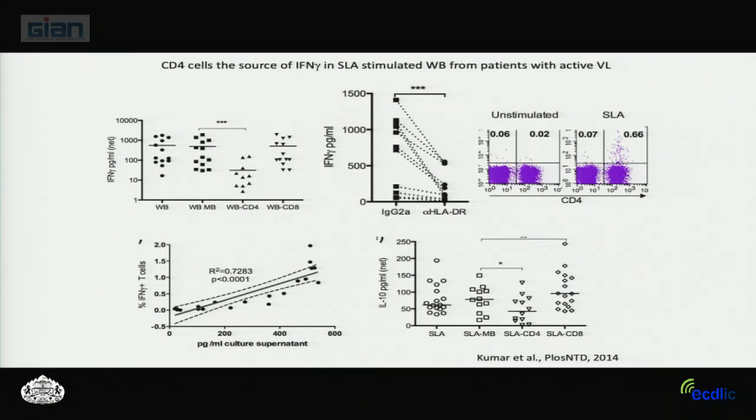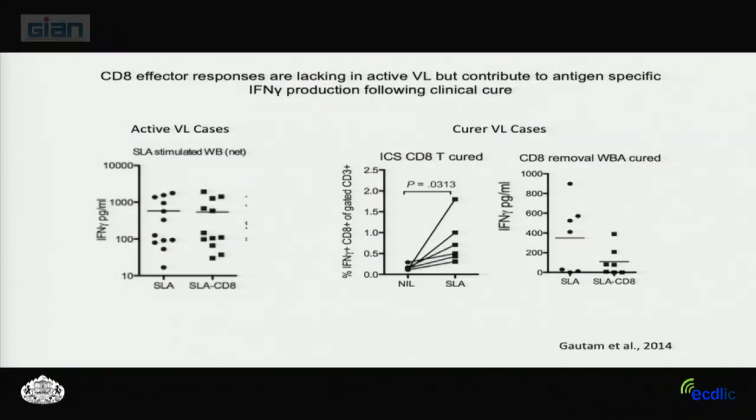So even people with active progressive Kala-Azar actually have a residual Th1 response. I know there was some interest in CD8 cells in Leishmania infections. As I already showed, in these whole blood cultures, if you depleted CD8 cells there was no change, suggesting CD8s didn't do it. What's important is that cured VL cases reconstituted a CD8 gamma response.